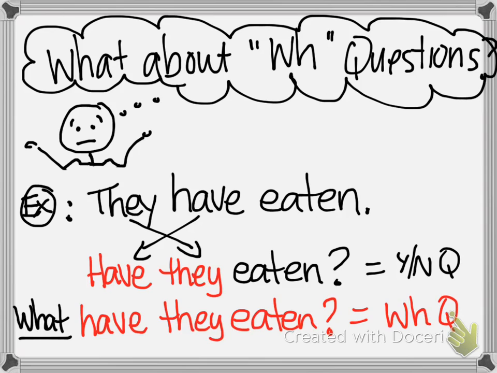So there you have a statement, they have eaten, and then we change it. Have they eaten, yes or no question, and then create a WH question. We simply copy have they eaten, and we put a WH right in front. What have they eaten?